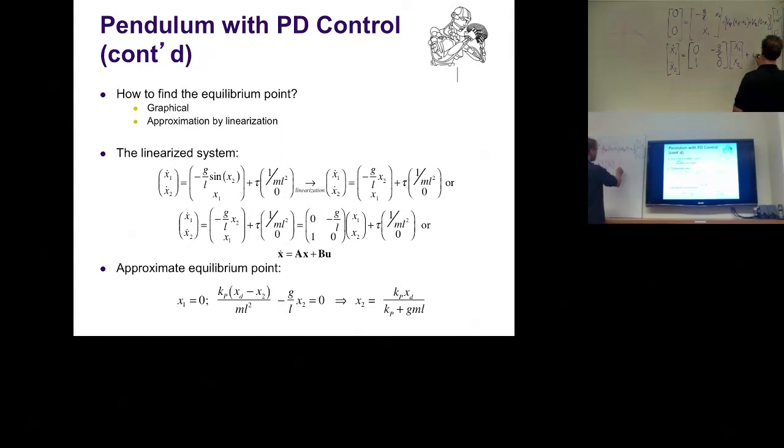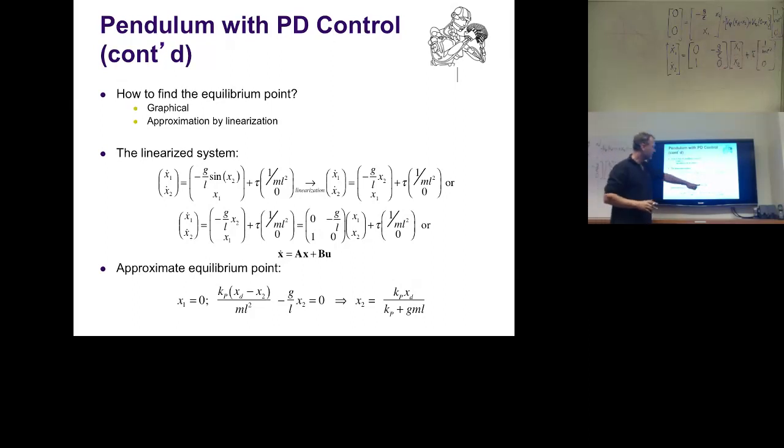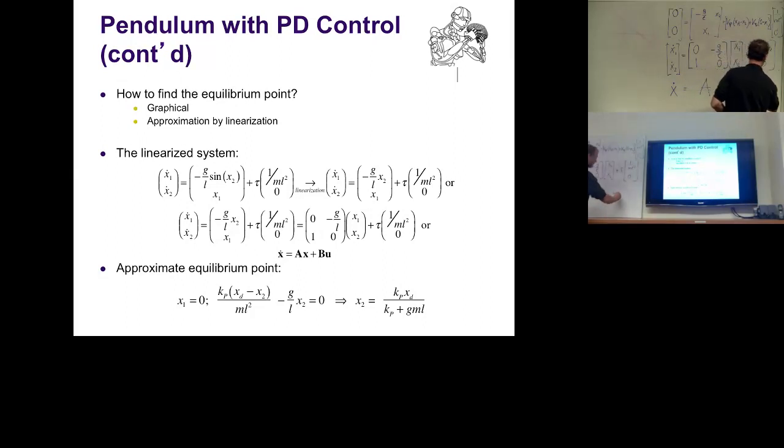If we write this just in generic form as on the slide, times 1 over ml squared 0. This is a very generic form, which is usually written as x dot equals ax plus bu. And we write this here, capital X dot, so this is now a vector, equals A times x plus B times u.